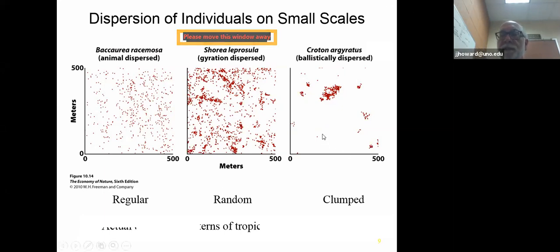So it's aggregated around the parent plants. So you don't find them out here because there are no parent plants out here, and they can only be dispersed a couple of meters at the most. So there's a real life aggregated pattern.